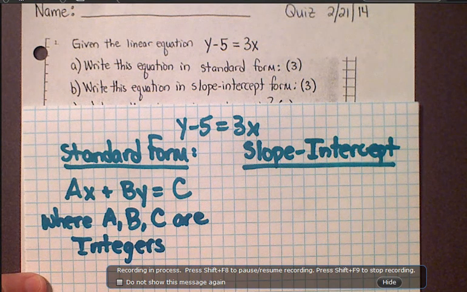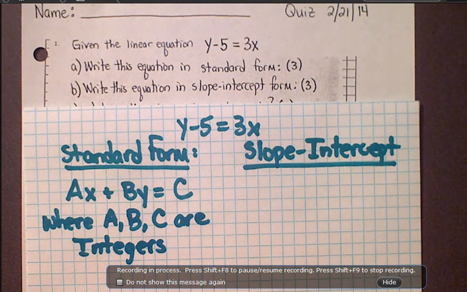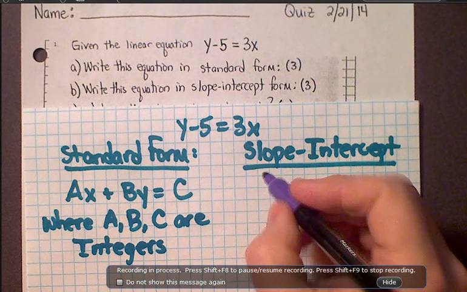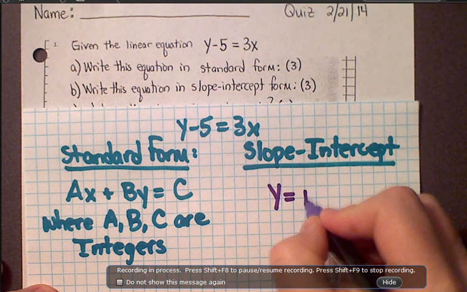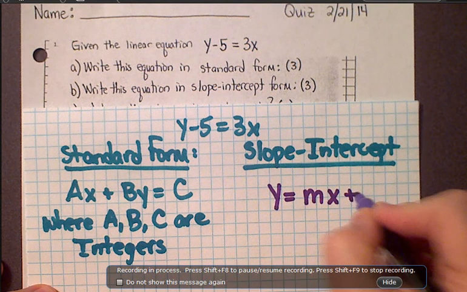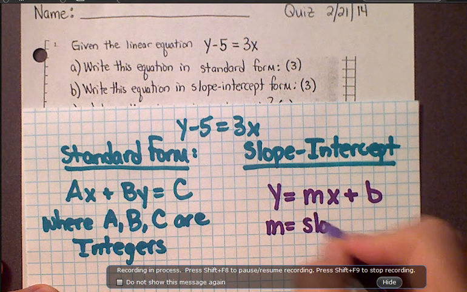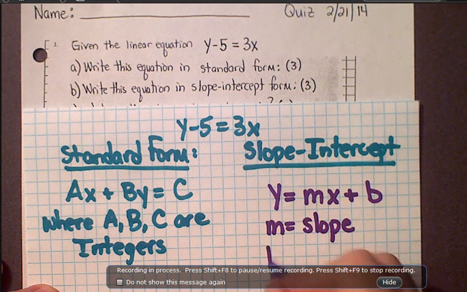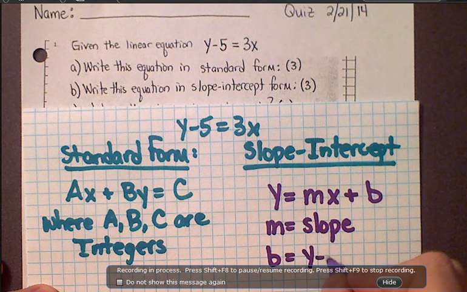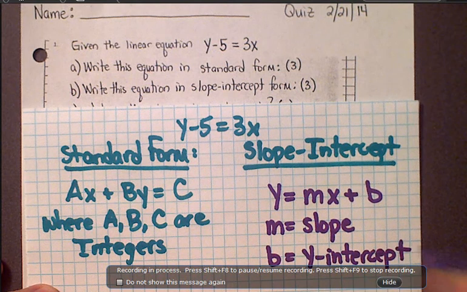And then the slope-intercept form is to get y by itself on one side of the equal sign, and then the coefficient in front of x was the slope, and the constant was where the line crossed the y-axis, or what we call the y-intercept.